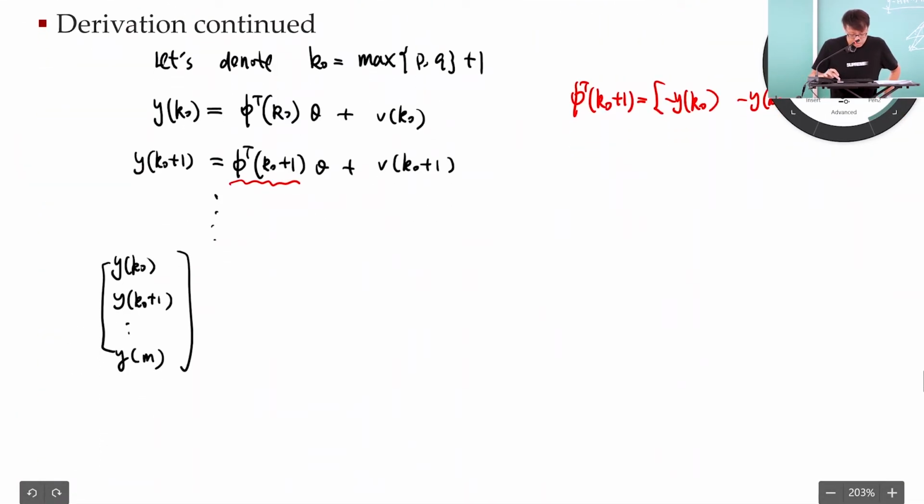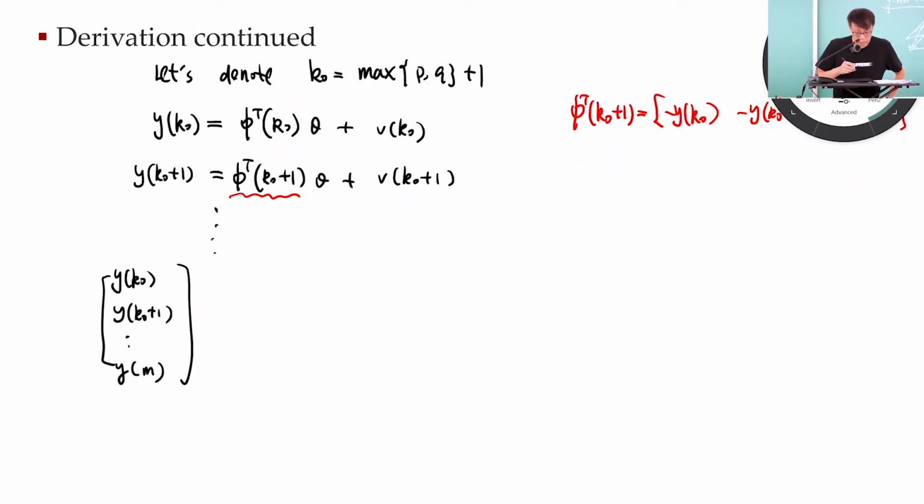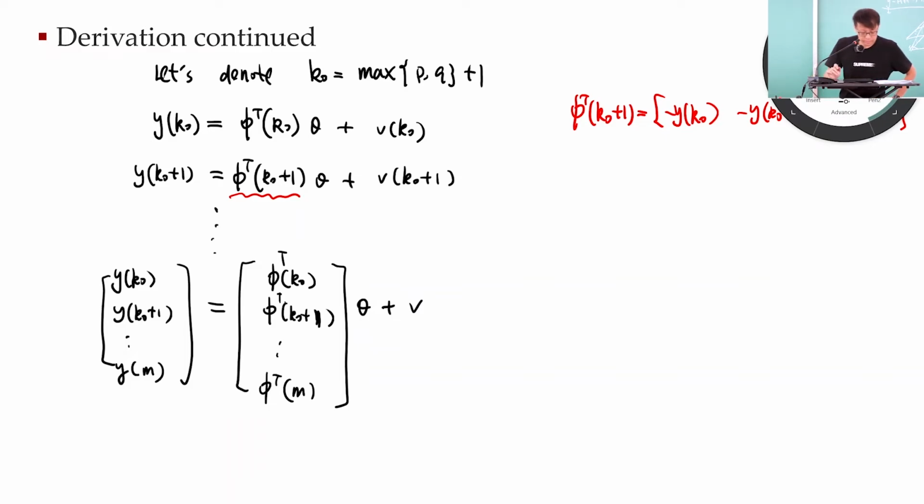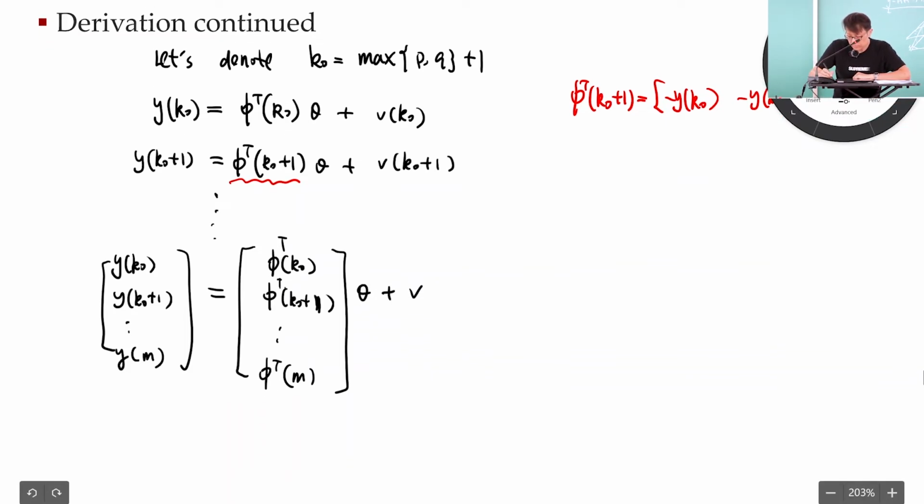So up to M. Then you have phi K0 transpose, phi K0 plus 1 transpose, all the way to phi M transpose, theta plus V. That's our Y. This is our H.